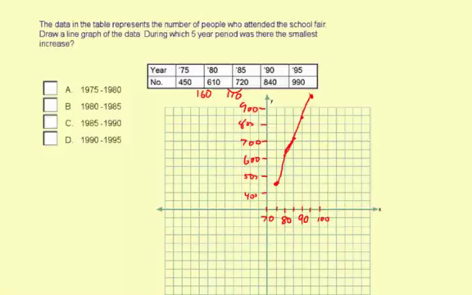And then I can do this next one mentally. 840 minus 720, that's 120. And I can do this last one mentally too. 990 minus 840 is 150. So indeed, the graph was right. The smallest increase was between 1980 and 1985, which is this guy here.